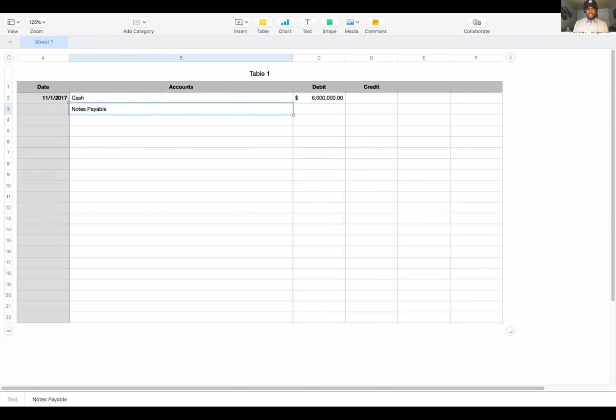But here's where I want you all to be careful. We've got notes payable current, and then we have notes payable long-term. The current portion is the principal balance that's going to be due within the next 12 months. So if we took that $6 million and divided it by 5 years, how much are we going to owe in the next year?